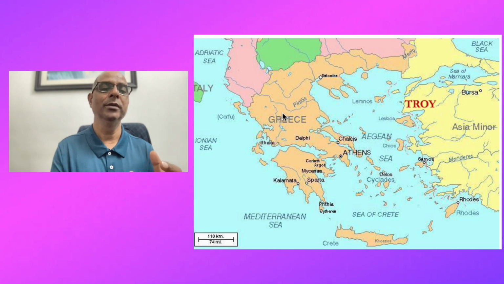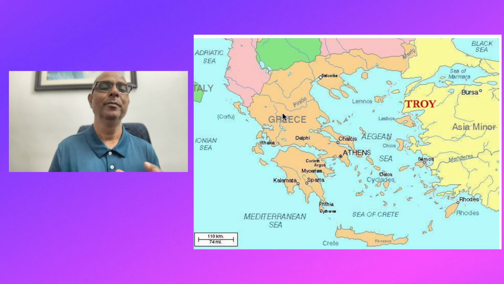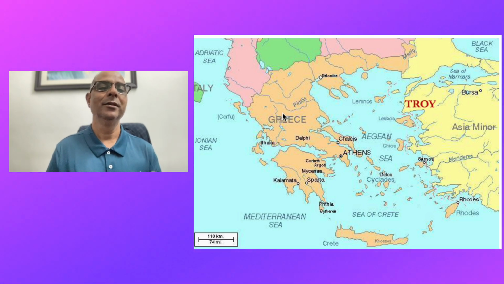If you look at this map, you will find Troy in big letters here, and Greece on the left-hand side, and below that you will find Sparta. So the war took place between Greek forces and Troy.